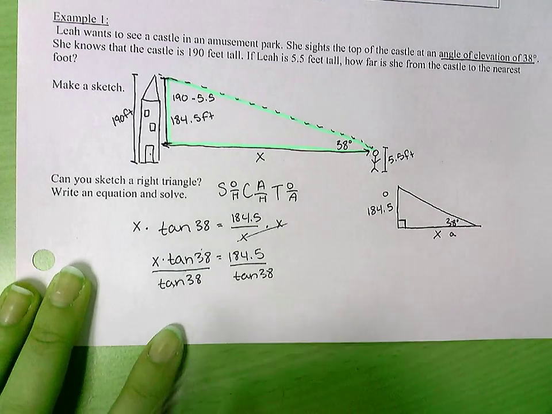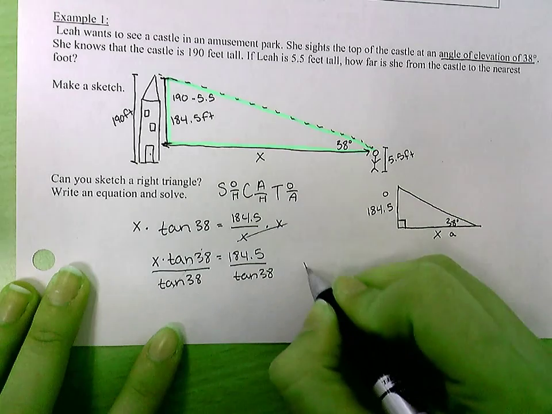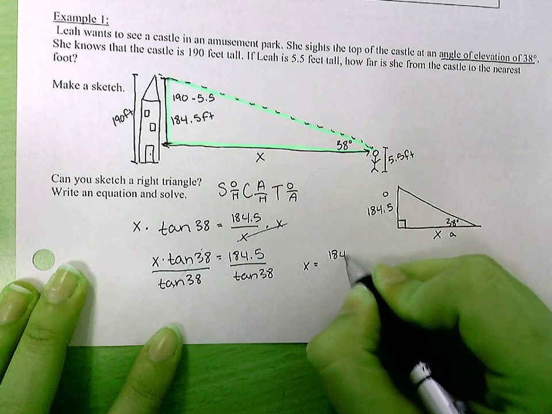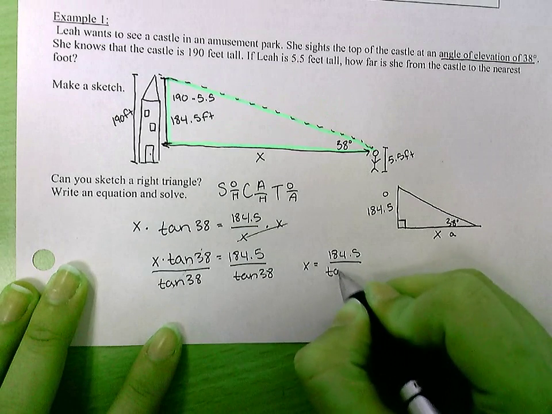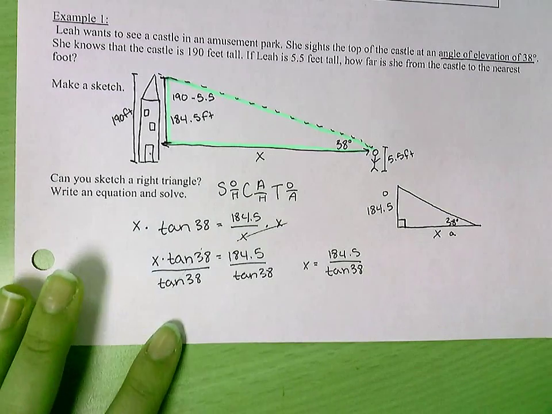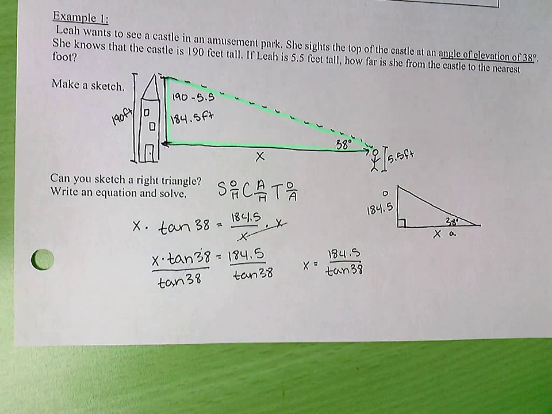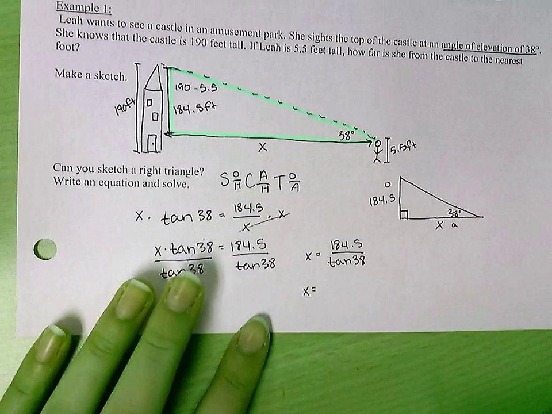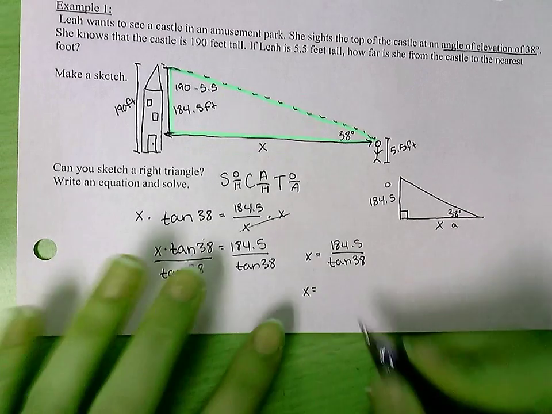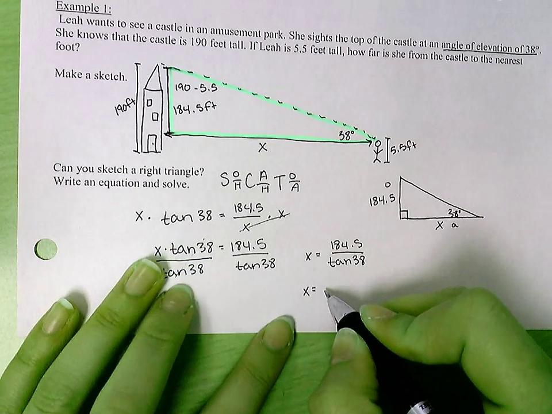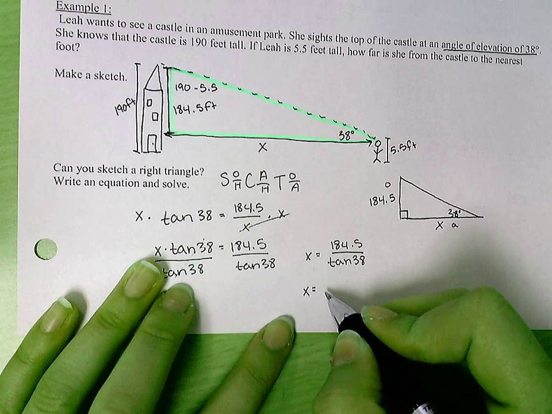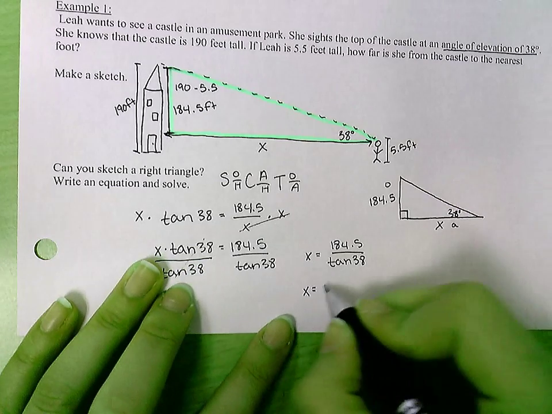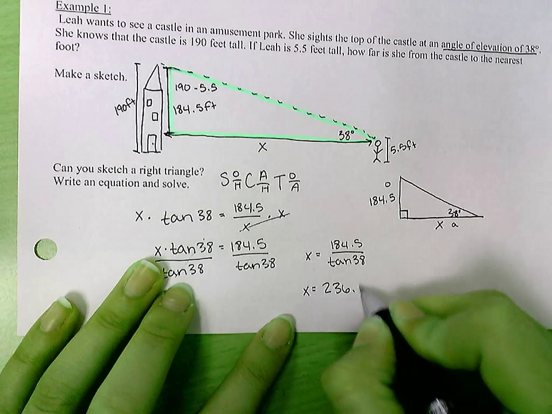Okay, so they cancel out over here. So we have x is equal to 184.5 over tangent of 38. And you can enter that into your calculator then. Okay, you should get x is about 236.15.